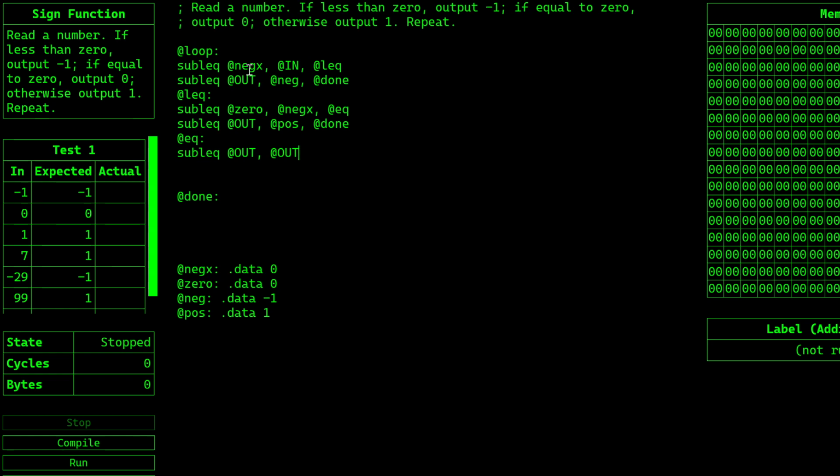So, how many of these values do we need to replace? We definitely need to overwrite neg x, and that might be it. So let's clean neg x. Subleak neg x, and if that's the only thing we need to do, we can go back to loop.